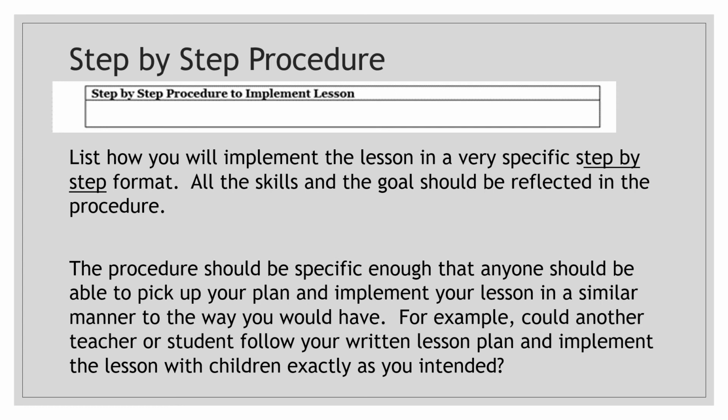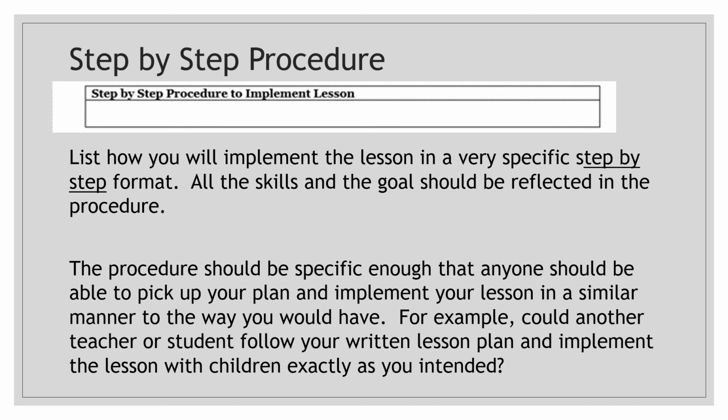Step-by-step procedure. List how you will implement the lesson in a very specific step-by-step format. All the skills and the goals should be reflected in the procedure. For example, if you say one of your skills are identifying colors, make sure that is listed in your procedure.